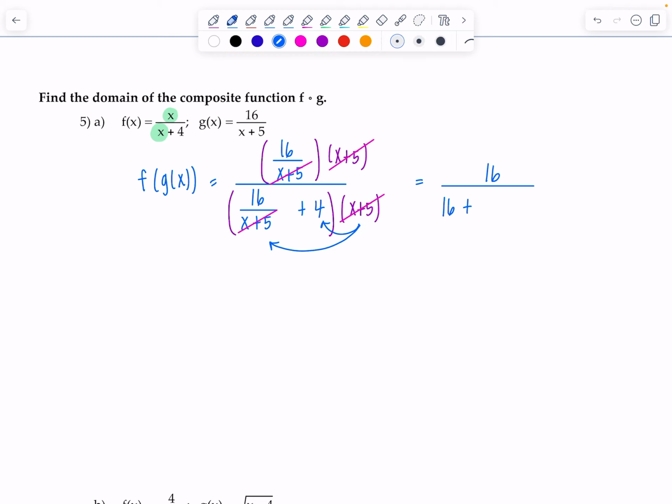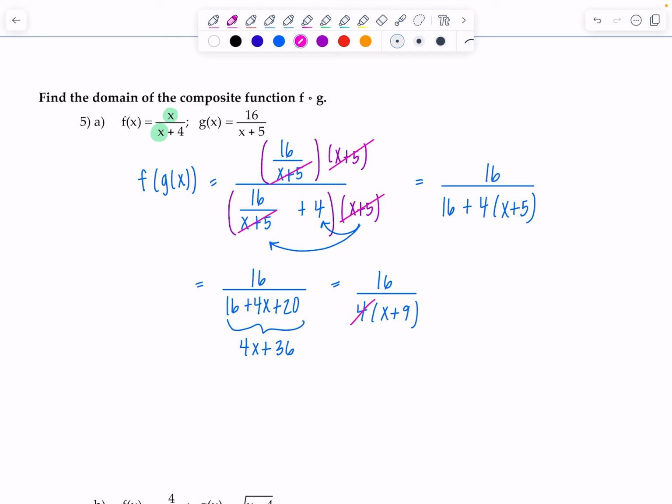So you're still going to have 4 and then put parentheses x plus 5. We're going to multiply that out. So now we have 16 over 16 plus 4x plus 20. So that's 16 over 4x plus 36, right? And I can take a 4 out. So that's 4 times x plus 9. Cancel that with the 16 in the top, and we have 4 over x plus 9.